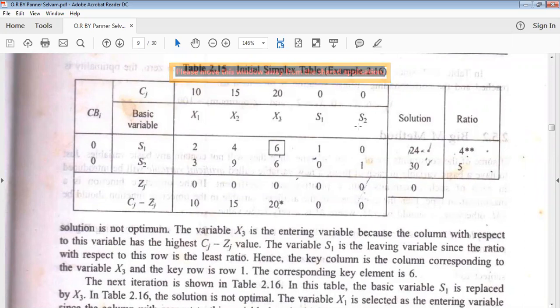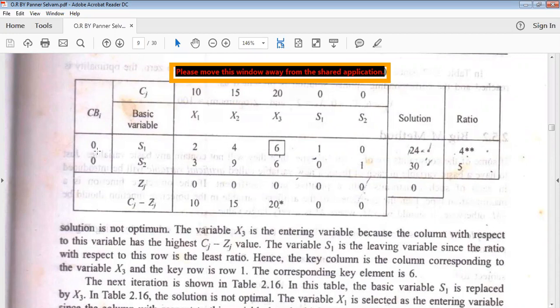x1, x2, x3, s1, s2. And this is 2x1 plus 4x2 plus 6x3 plus s1 is equal to 24. Next, 3x1 plus 9x2 plus 6x3 plus s2 is equal to 30. S1 and S2 both are zeros.